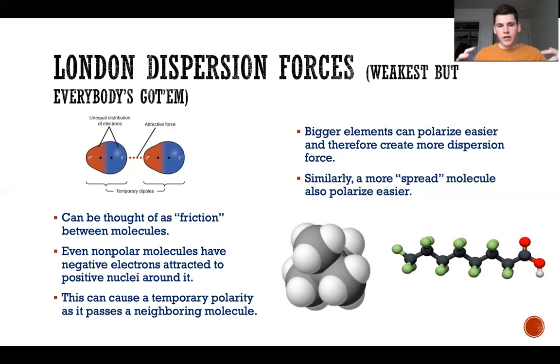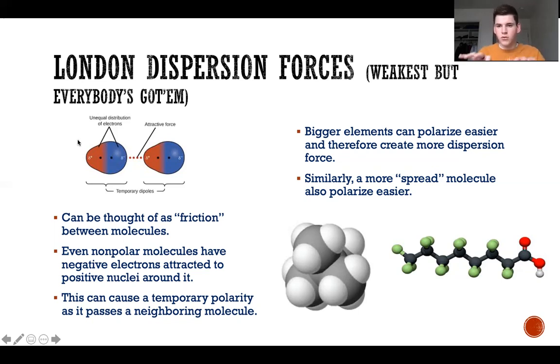So even when a completely nonpolar molecule is passing by another one, even though it's not a super strong attraction, there's still electrons that see the neighboring nucleus and vice versa that want to come together and attract each other a little bit. And so this, as you can see here, causes a temporary distribution of electrons.